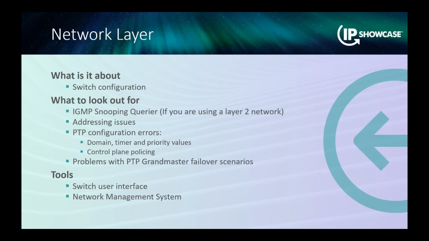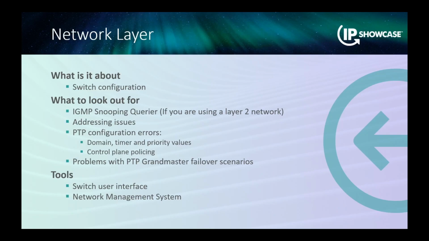Some switches have what they call control plane policing, which is a very good thing, so that your control plane, your switch processor, does not get overwhelmed by packets coming from all over the place, or malicious packets, like in a denial of service attack, so that they police what is going to the switch processor. Some of the default settings cause PTP packets to be dropped if you have a lot of PTP clients, and then you have to adapt your control plane policing.